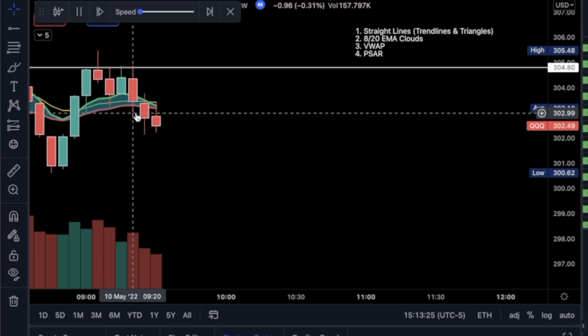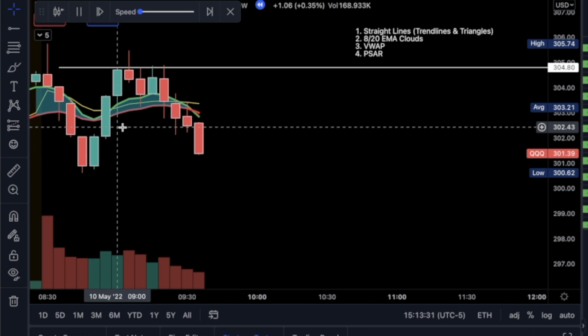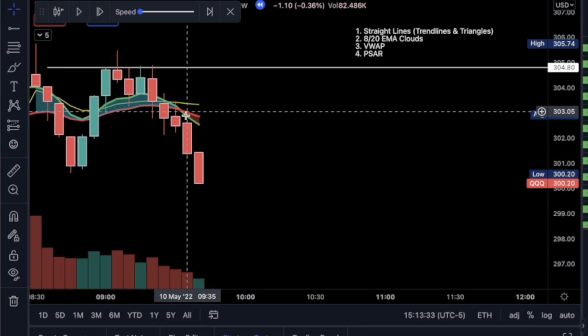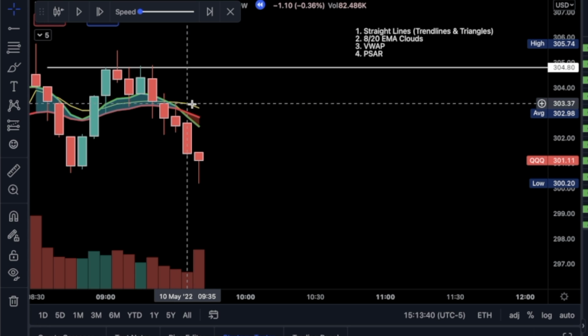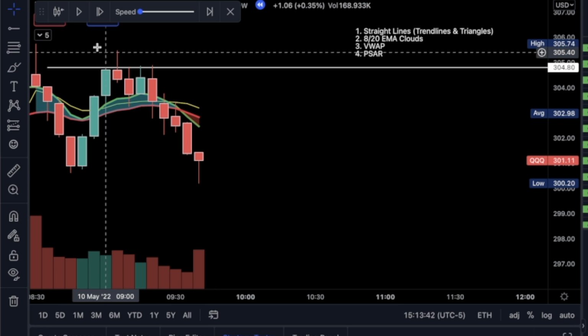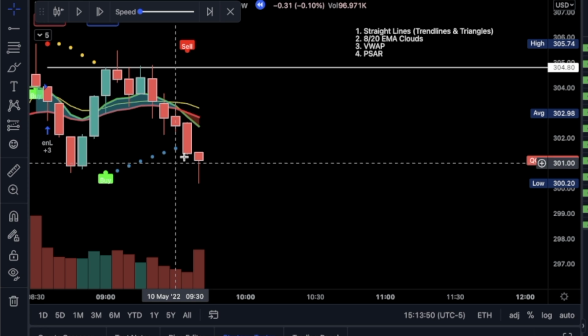As we're watching this, it's really important to see some things along the way. One is that we do have an 8/20 cross right there where the green line has crossed over the red line. We're also below the yellow line, which is VWAP. Then I'll turn on PSAR here because that can give us another bit of information or confirmation.